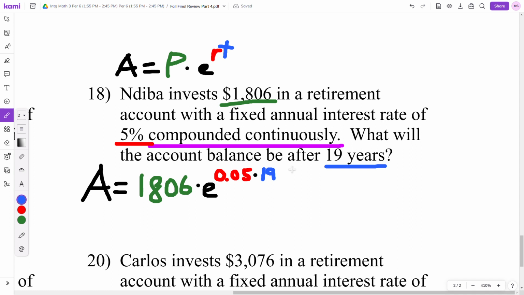But the good news is we're on our way, where we just have to evaluate this. So I'm going to rewrite this and just do one thing. I'm just going to change that exponent so it's a little easier for us, especially with our calculator. So this is going to give you 0.95.